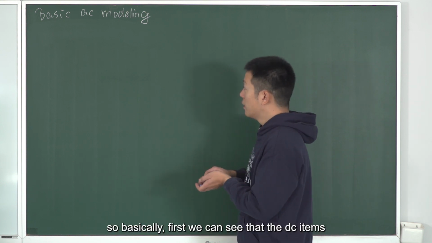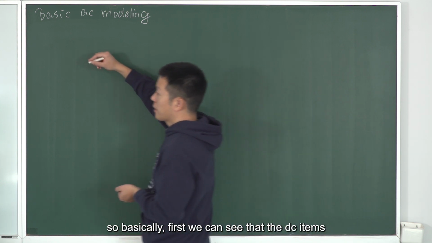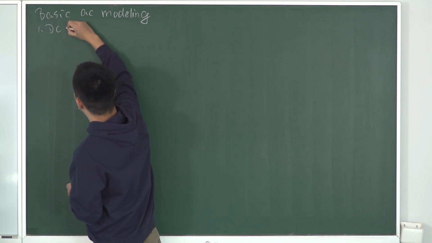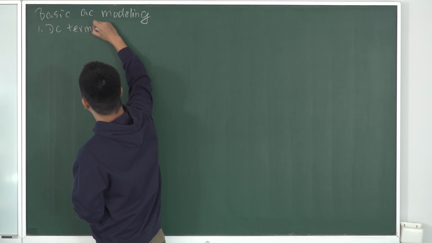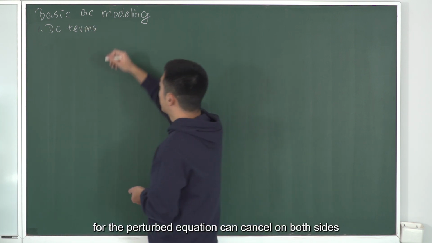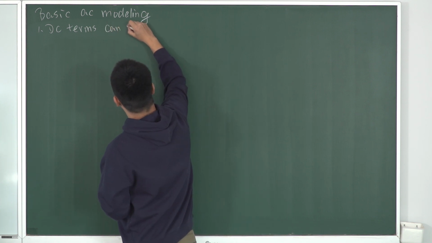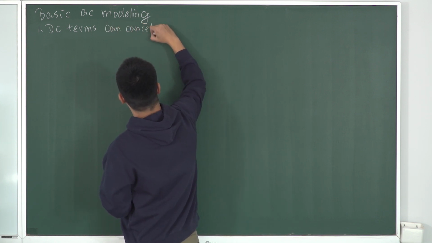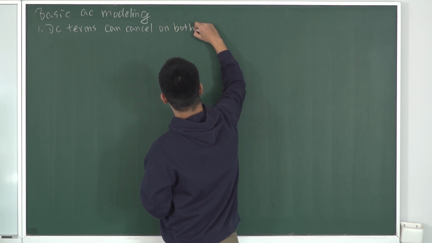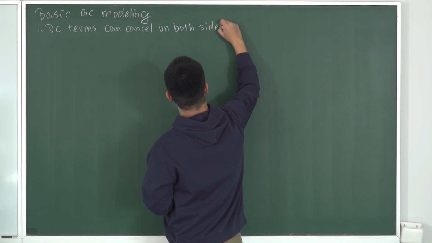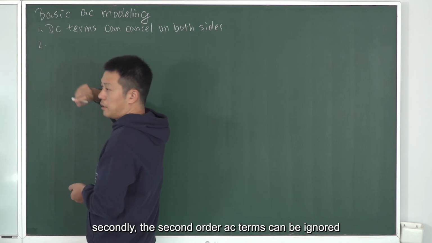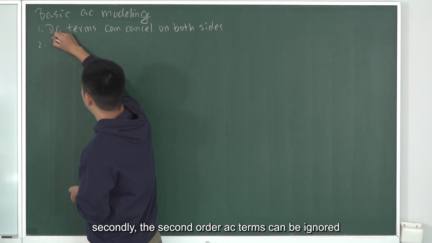So basically, first we can say that the DC items for the perturbed equation can cancel on both sides. And secondly, the second order AC terms can be ignored.